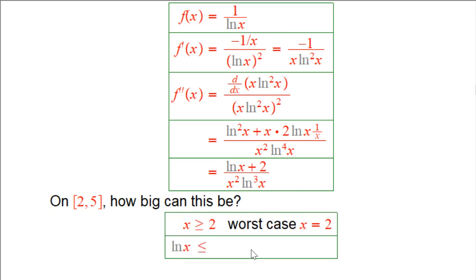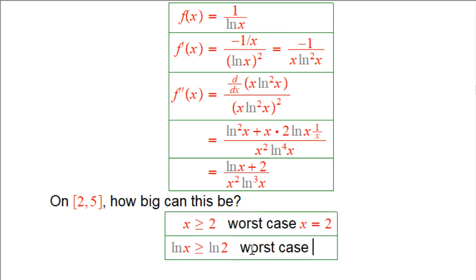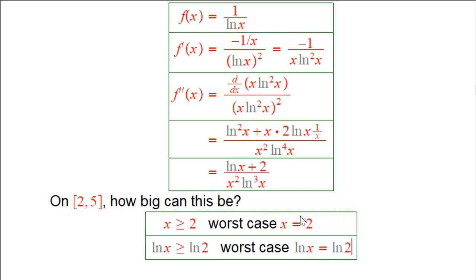I don't know why I switched. Log of x is greater than or equal to log 2, that must have been confusing. Another way to say it is the worst case: the thing that's going to make that fraction the biggest is where log of x is smallest, and that's where log x equals log 2.